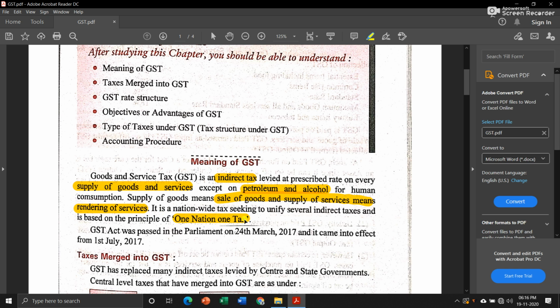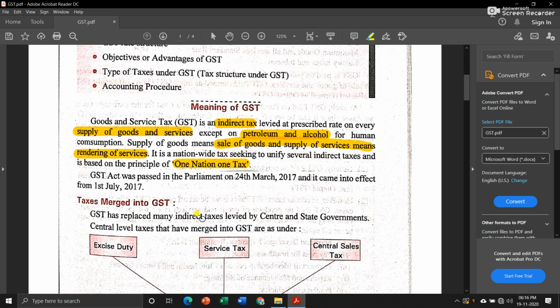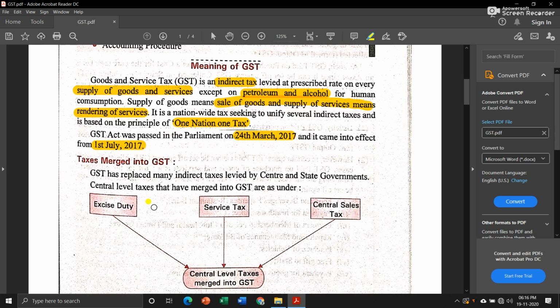That means for every state and every union territory, this tax will be uniform, so for one nation there will be one type of tax only. This GST Act was passed in Parliament on 24th March 2017, but officially it came into effect from 1st July 2017.